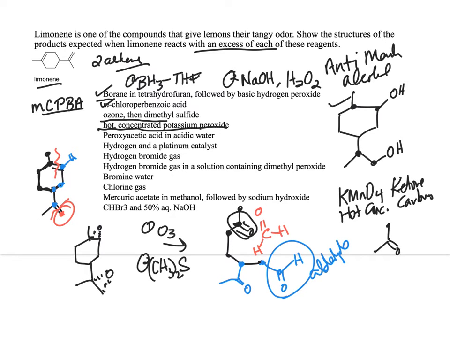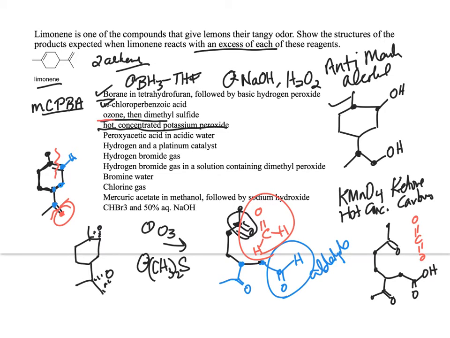And wherever you get a ketone, you're going to still get the ketone. But where you got the aldehyde, this time you're going to get a carboxylic acid. And then that would actually go to carbon dioxide because that's the highest oxidation state.